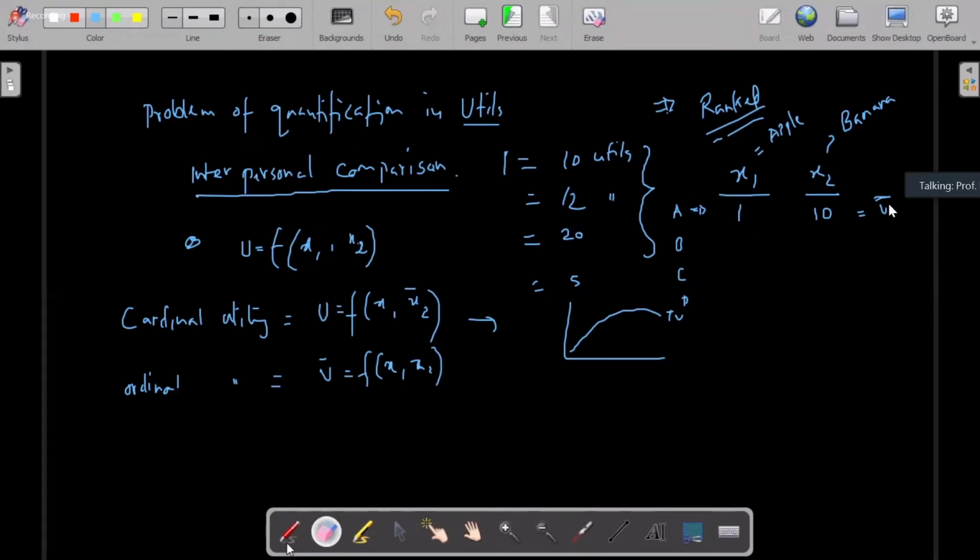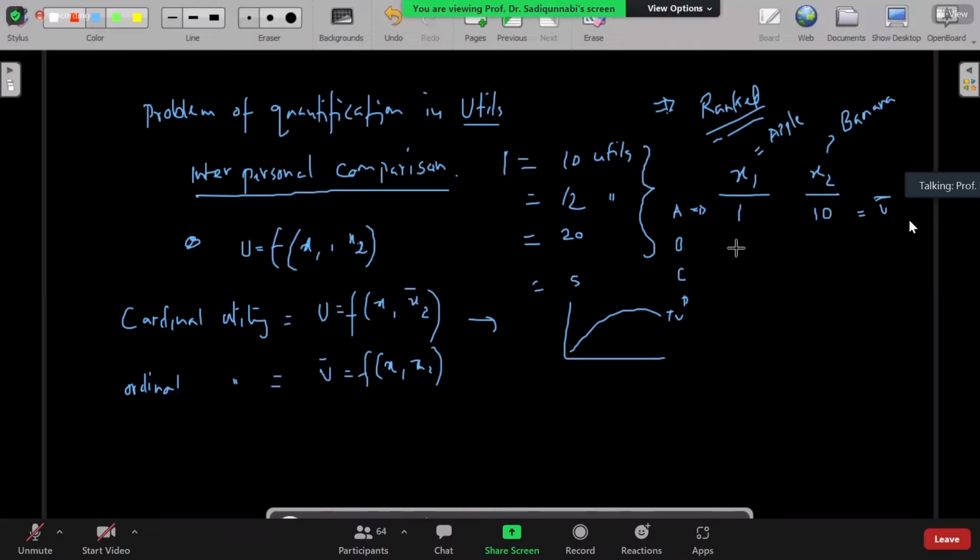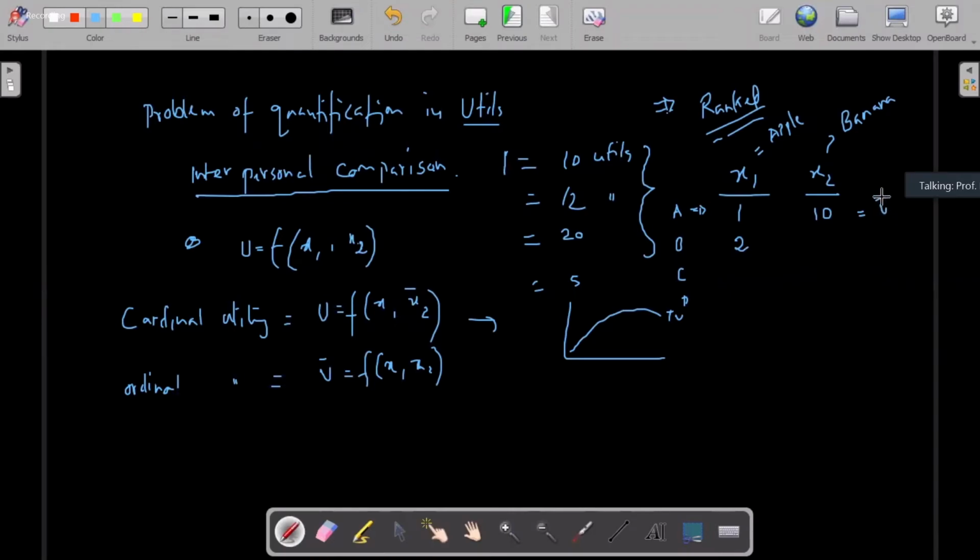Now suppose you are increasing the number of apples consumed. If you consume 2 apples, in order to keep the utility constant, you need to sacrifice x2.